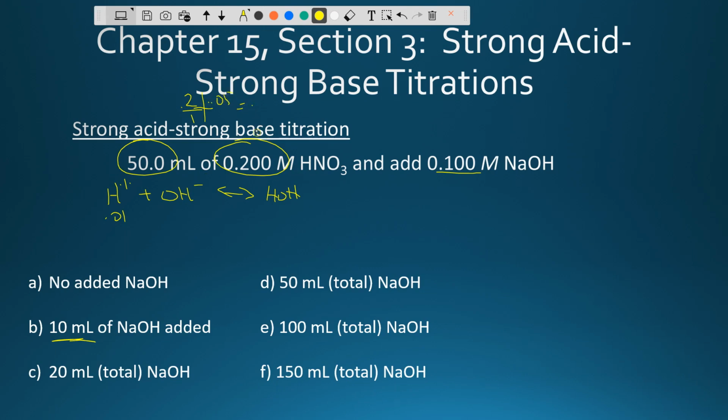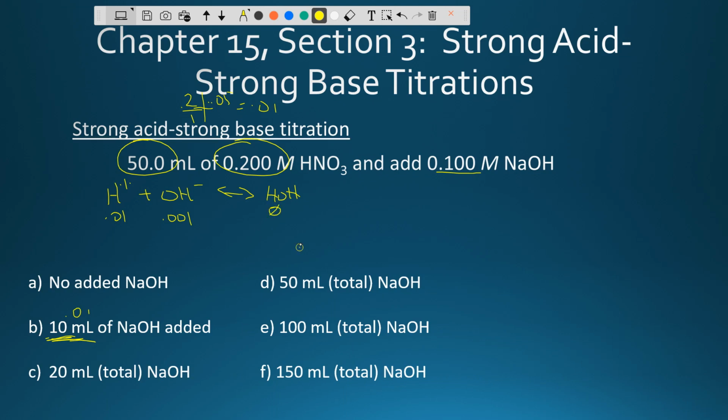That gives me 0.01, doesn't it? So that's how many hydrogen ions are floating around in there. Same thing, now I'm going to be adding 10 milliliters of the 0.1, so that gives me 0.001 of these, because this is 0.01 times 0.1, that's 0.001, and I don't have any water to start with.